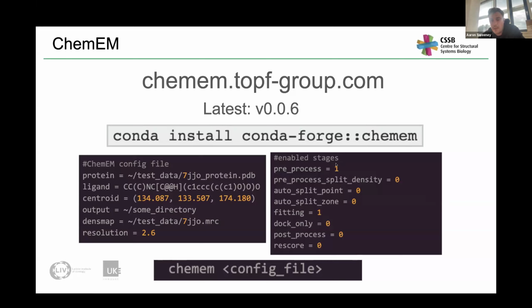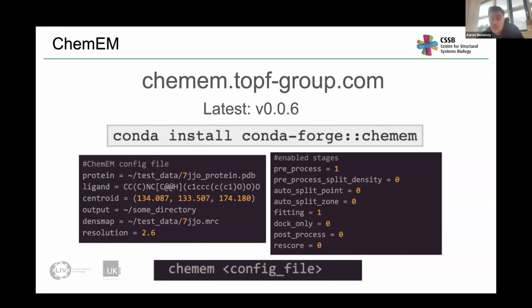Pre-processing is just loading up, and it makes a couple of interesting things for you. Then there are these pre-processed split density stage, auto split point, and auto split zone. This is for when we segment out our density within the binding site. Sometimes you'll get multiple discrete densities being segmented.